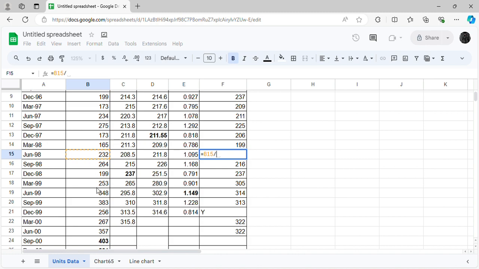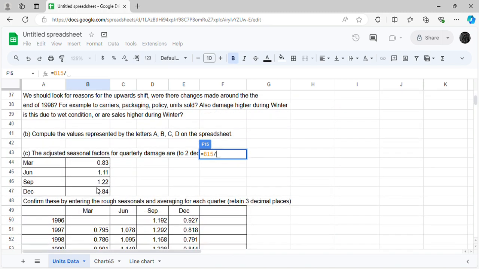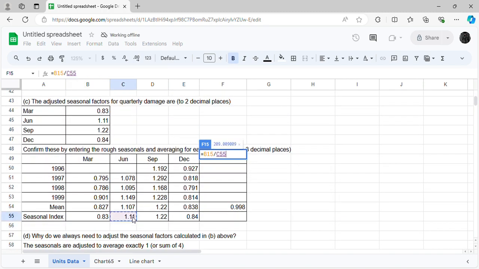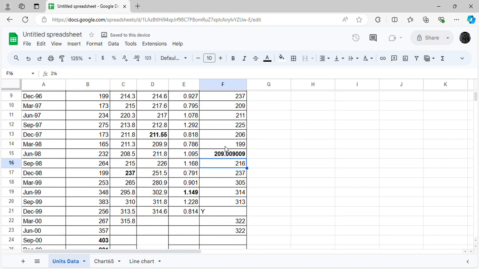So seasonal index for June. And let's round that to a whole number. So put a right round bracket, put that in brackets, and that's 209.